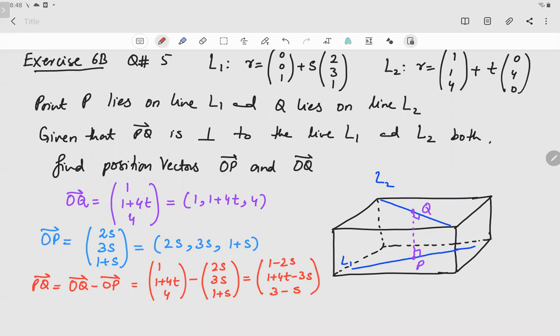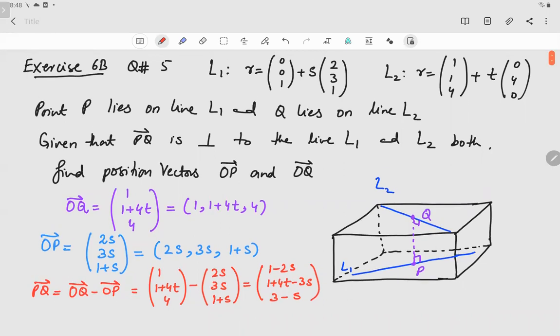And you know that PQ is perpendicular to L1. The direction vector of L1 obtained from the equation, D1, is equal to (2, 3, 1).